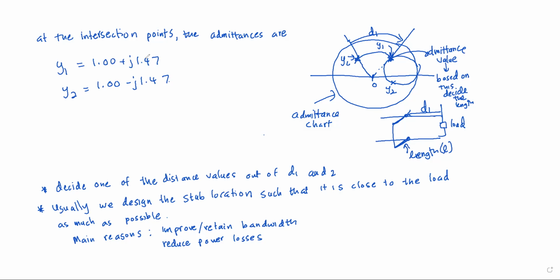So after we decide the values of these intersecting points, like admittance, next comes the point where we need to give the next solution. The next solution is the length of the stub. So in order for us to get that length, what we want to do here is convert this admittance value to a real value.